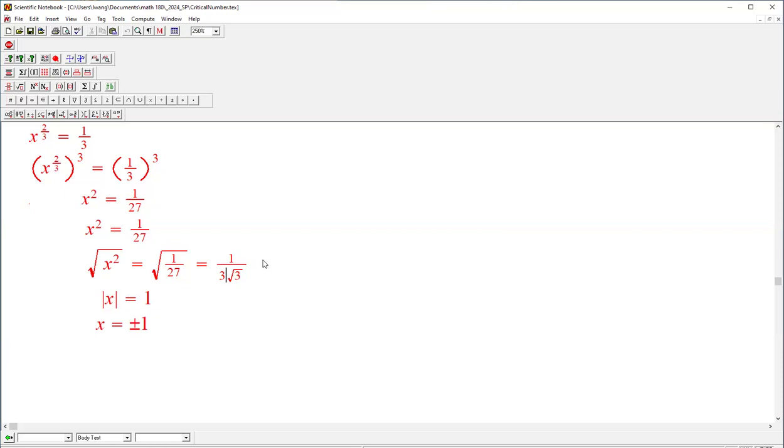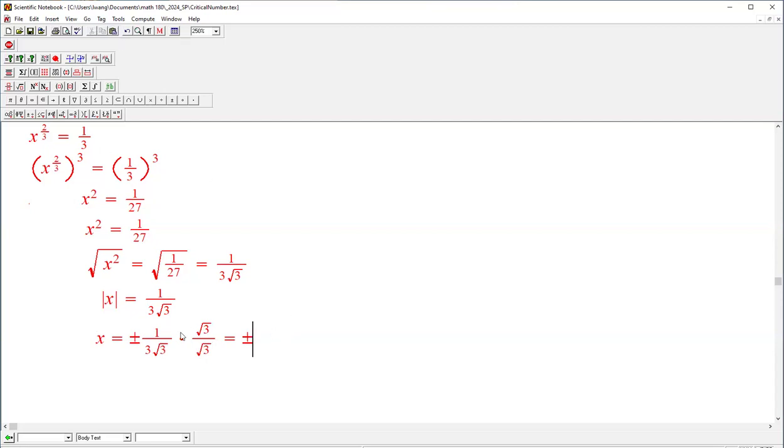We can rationalize it later. If you rationalize at this point, you multiply root 3 on both top and bottom.